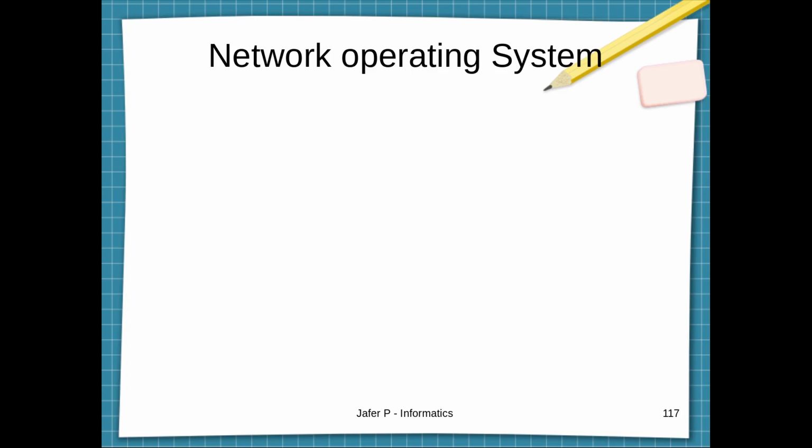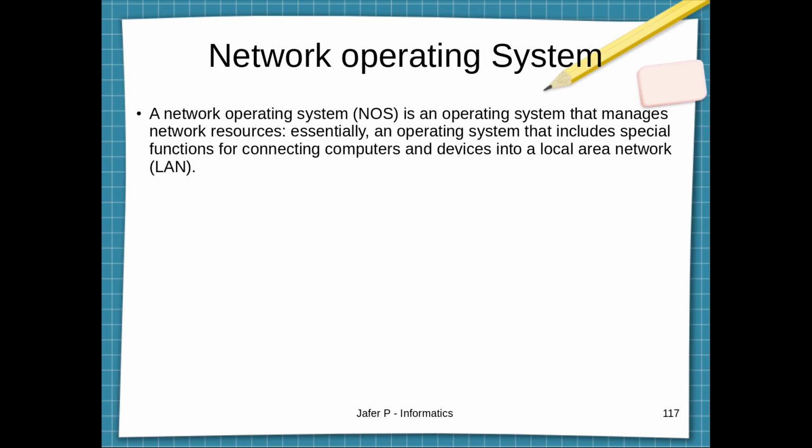And let's see what a network operating system is. When you implement a computer network in a computer environment, you need to control the computer devices as well as nodes. For that we need a system software. That system software is called a network operating system. A network operating system, NOS, is an operating system that manages network resources.